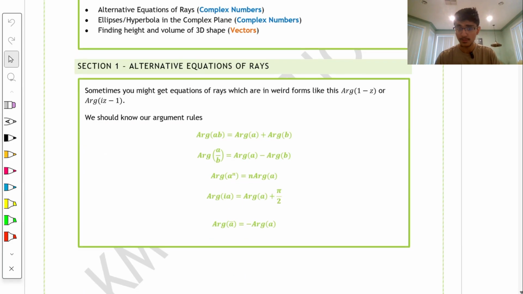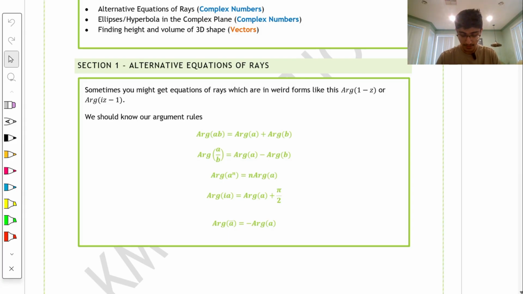Some of the argument rules we'll be using will be, first of all, arg(AB) = arg A + arg B. What that essentially means is if you multiply two complex numbers, the argument of that would be the arguments of those individual complex numbers added up. The second rule is if we divide two complex numbers, we subtract their arguments. The third rule is that if you raise a complex number to the power of n, you multiply its argument by n.